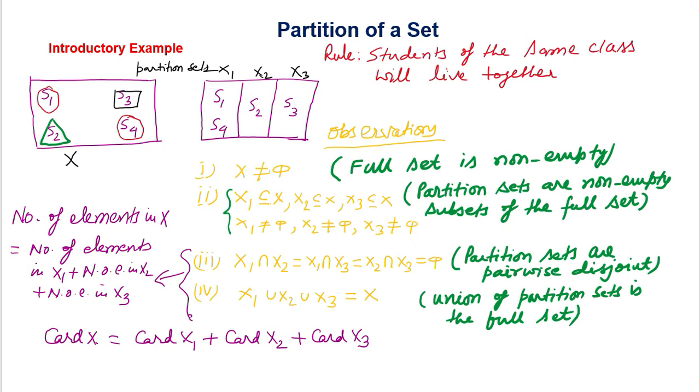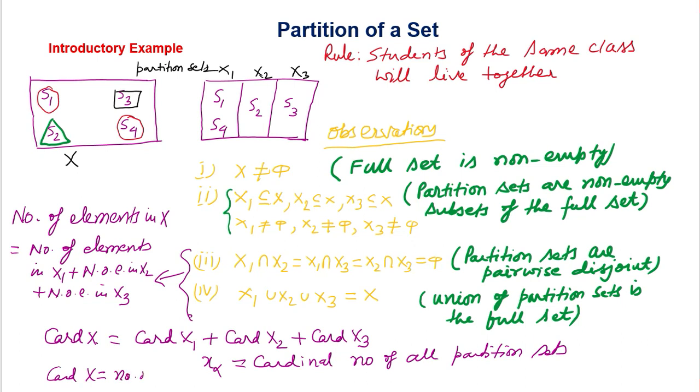Now, if in a situation, not in this example, but in any other situation, we find that the cardinal number of all the partition sets are equal, say is equal to X alpha, then we can say that cardinal X is equal to number of partition sets into X alpha.